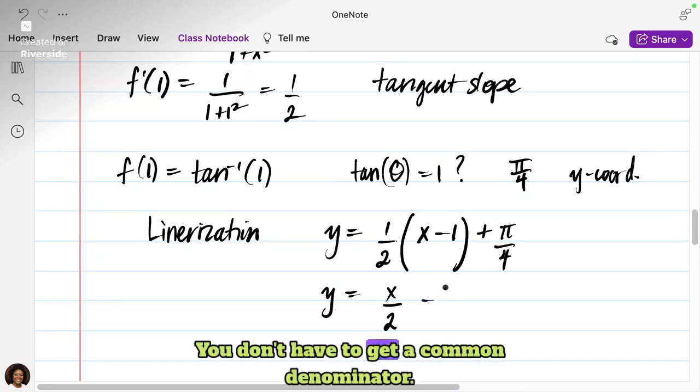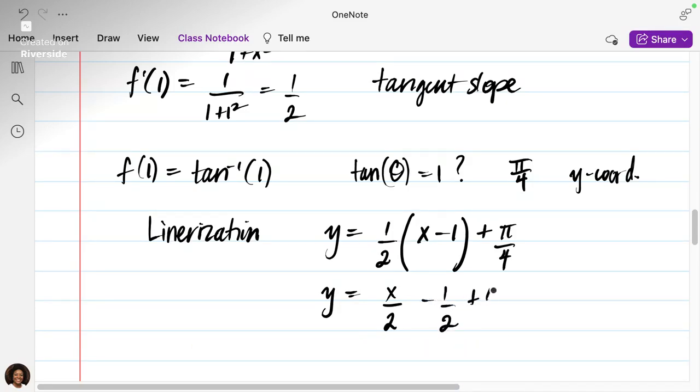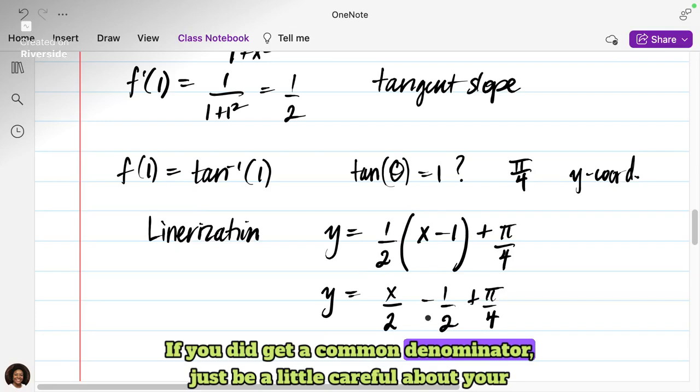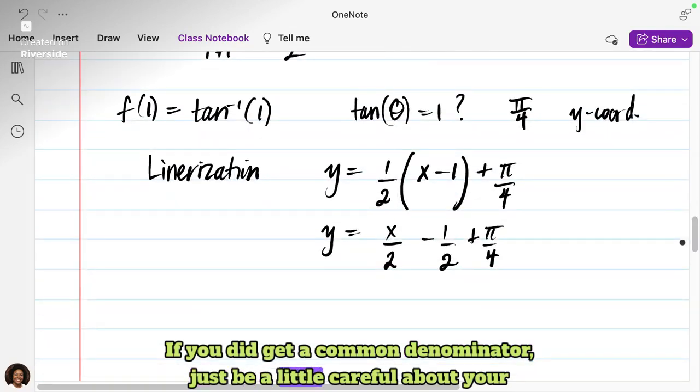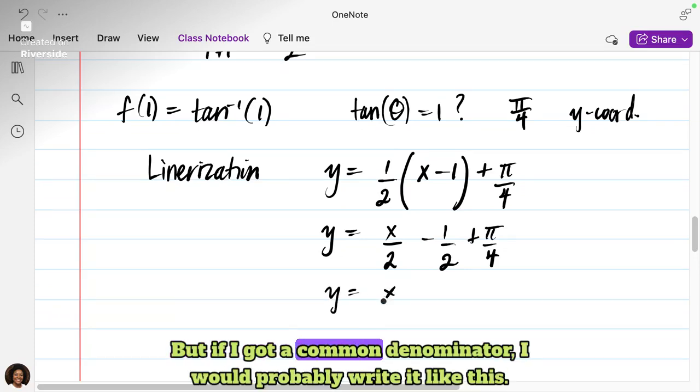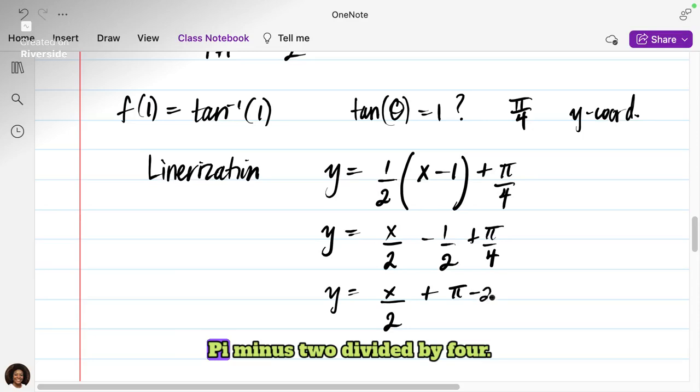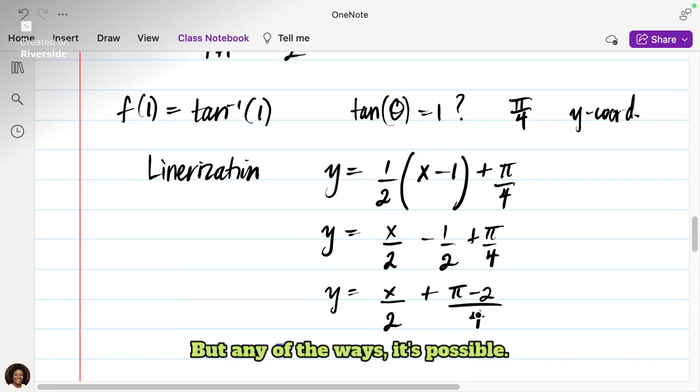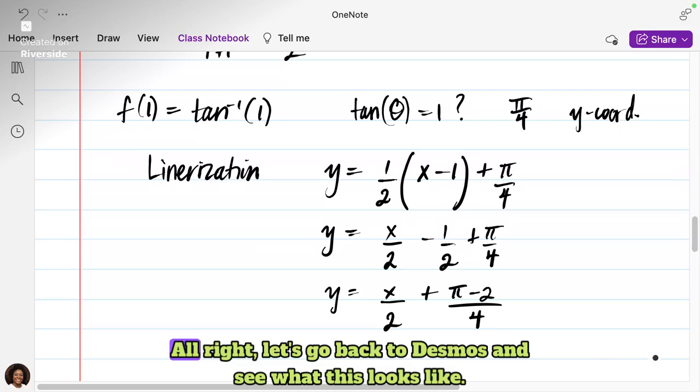You don't have to get a common denominator. If you did, just be a little careful about your signs and how you combine it. If I got a common denominator, I would probably write it like this: x over 2 plus pi minus 2 divided by 4. But any of the ways is possible.